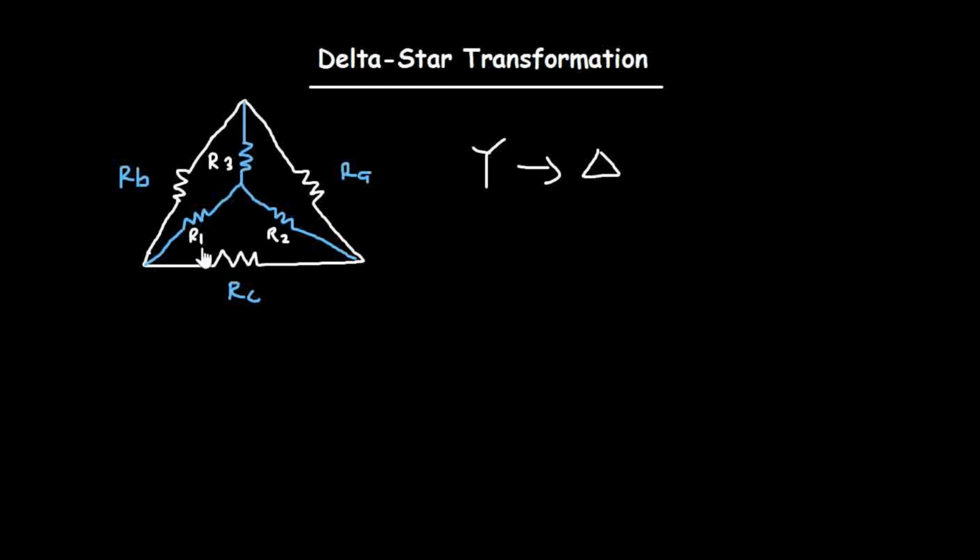I'm going to multiply R1 by R2, so R1 times R2. Then I multiply R2 by R3, that is plus R2 times R3. And finally I multiply R3 and R1, so R3 times R1.